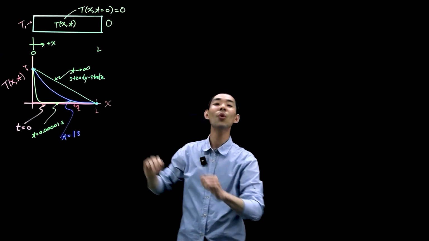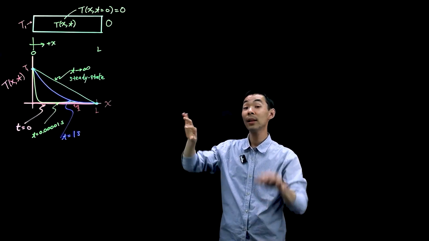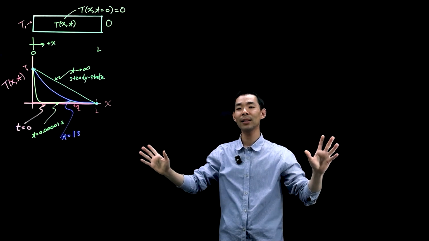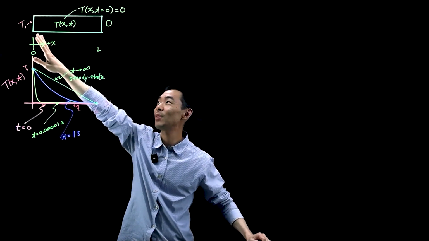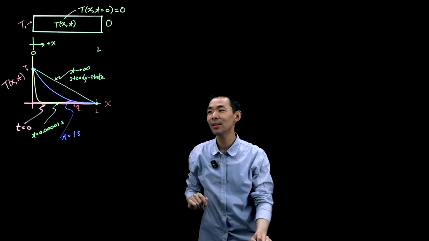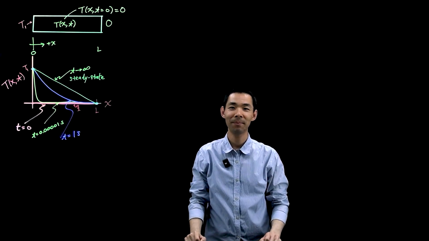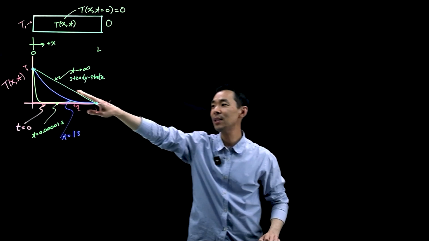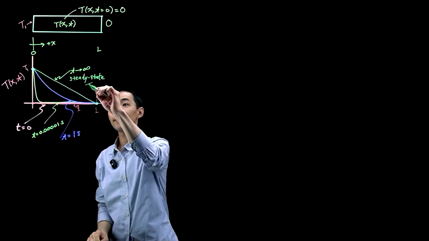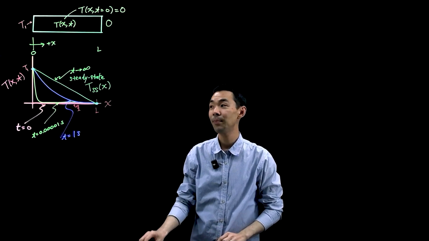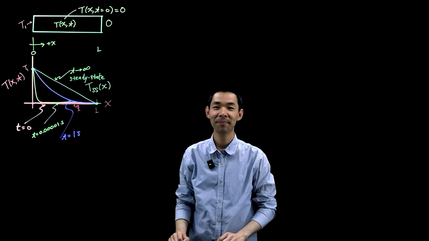But for this toy problem, we are assuming that the reservoirs are infinite in size, and therefore it will forever maintain this temperature T1 on the left, and forever maintain this temperature 0 on the right-hand side. So we'll reach this steady state profile that varies with space, not with time. I'm going to call it T steady state as a function of position x.